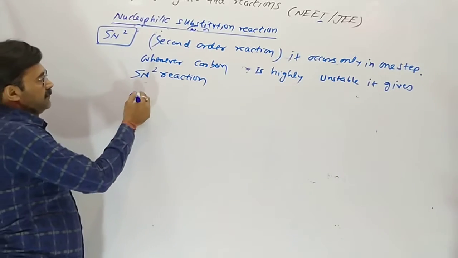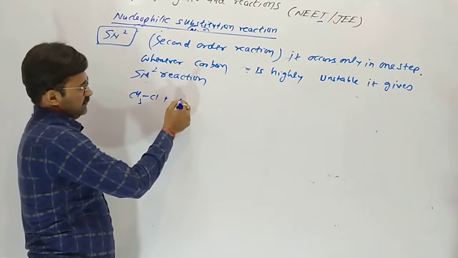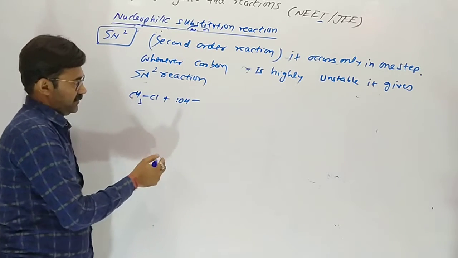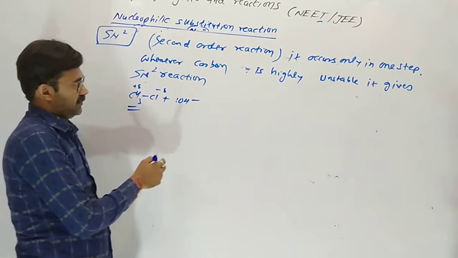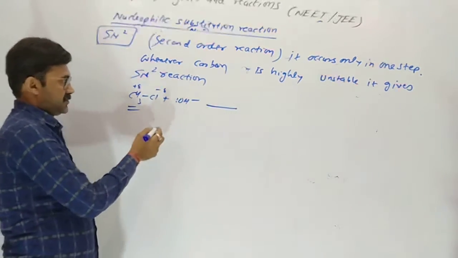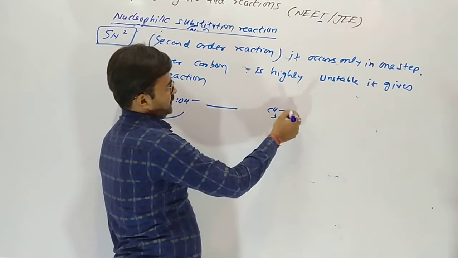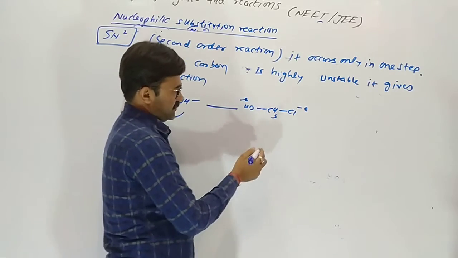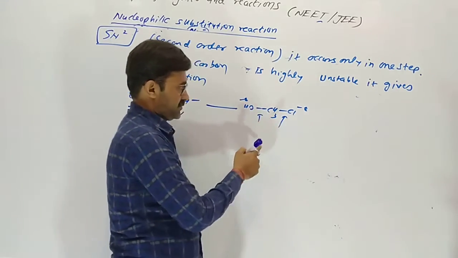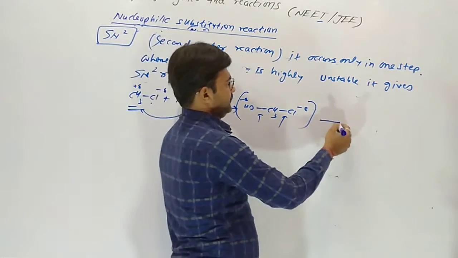Now I will give you an example. Suppose chloromethane is reacting with OH minus. Here the methyl carbocation is highly unstable. So in the presence of chlorine, OH attacks from the other side. This bond starts to break and a new bond starts to form.